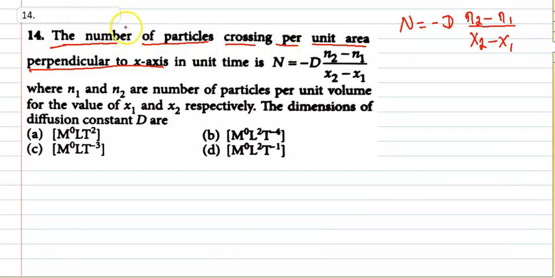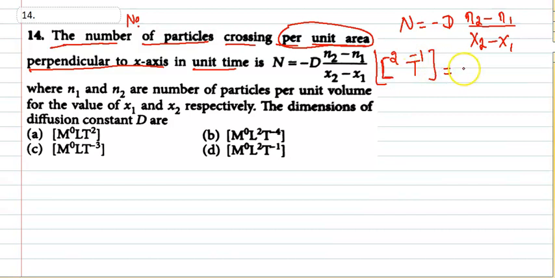Here n is the number of particles crossing per unit area, so area is L squared, per means minus, and per unit time means T to the power of minus 1.